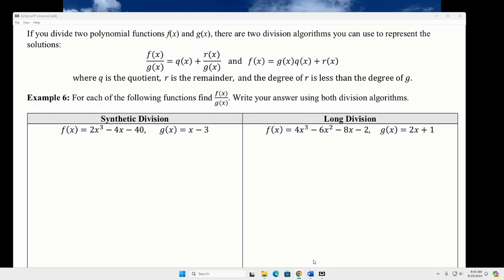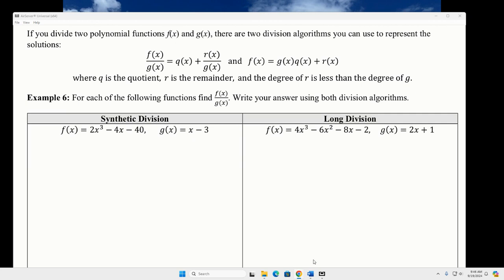But the problem is it's very restricted. You can only do synthetic division when you're dividing by something like x plus a number or x minus a number. If there's ever a coefficient other than 1 on your x, or a power other than 1 on your x, you can't do synthetic. So it's great when you can use it, but it's extremely limited.